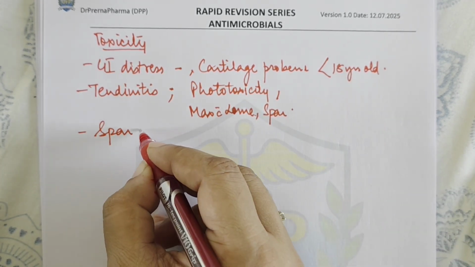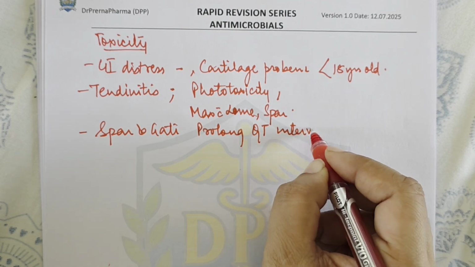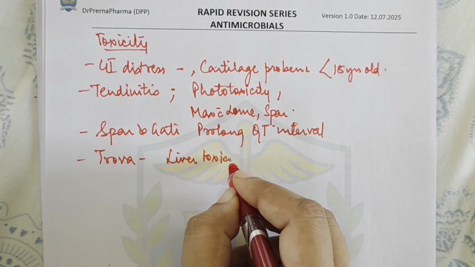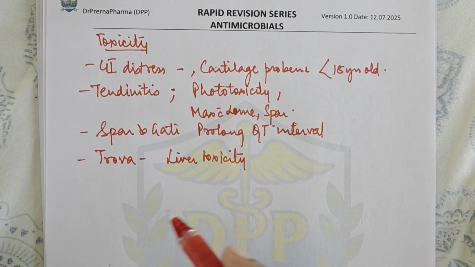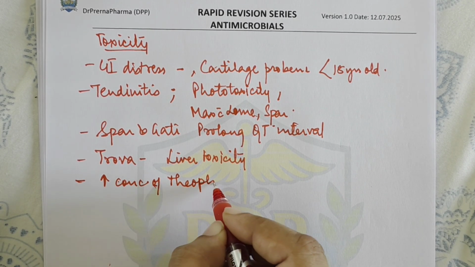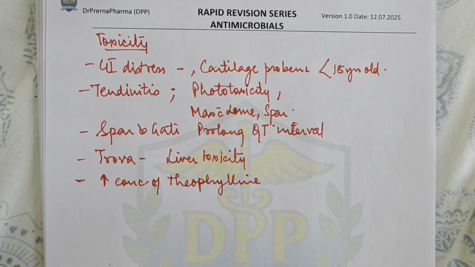Then Spar and Gati prolong the QT interval, right? Trova causes liver toxicity. Then they increase the concentration of theophylline. So this is the drug interaction caused by the floxacins.